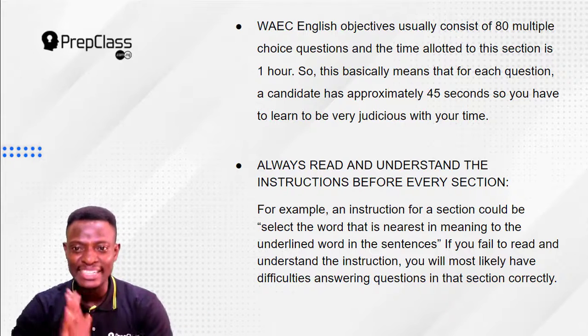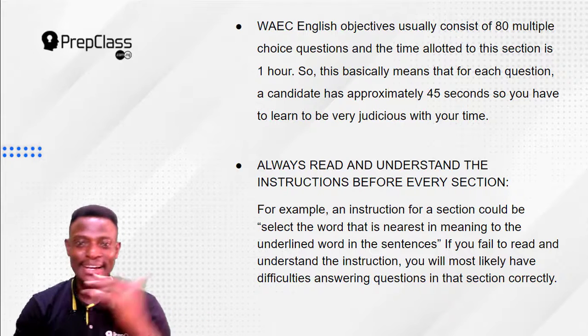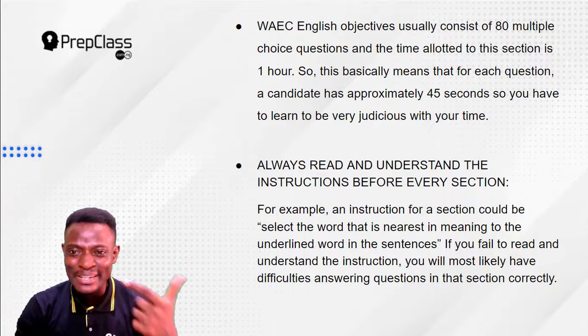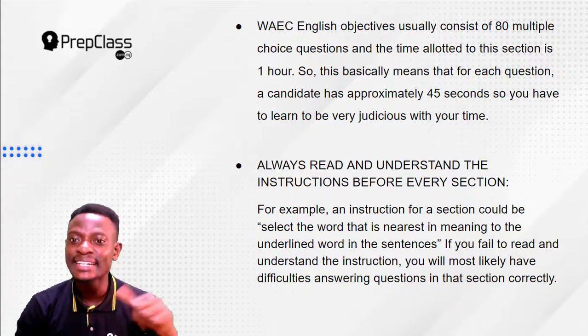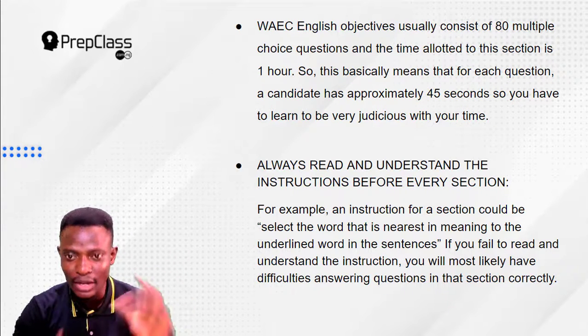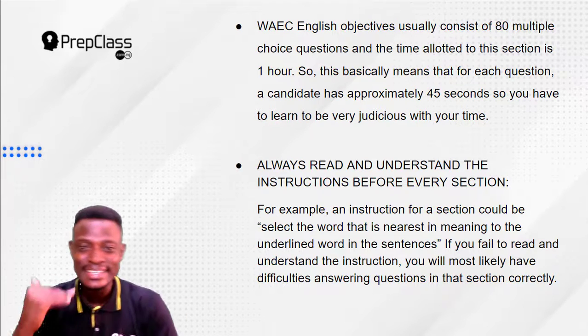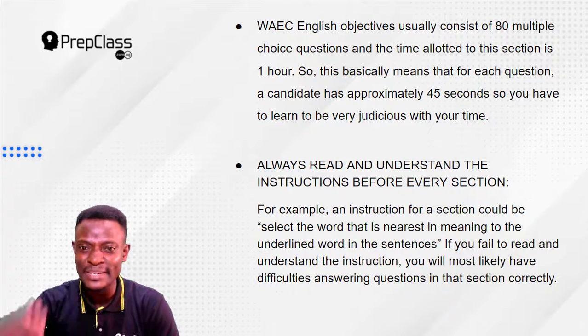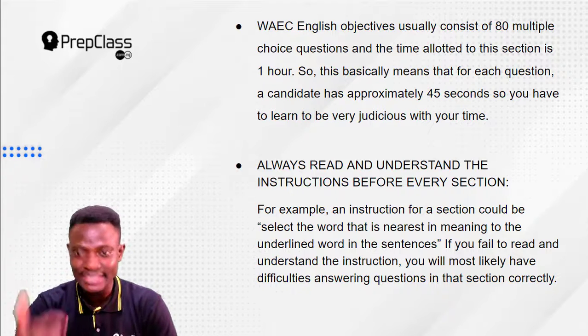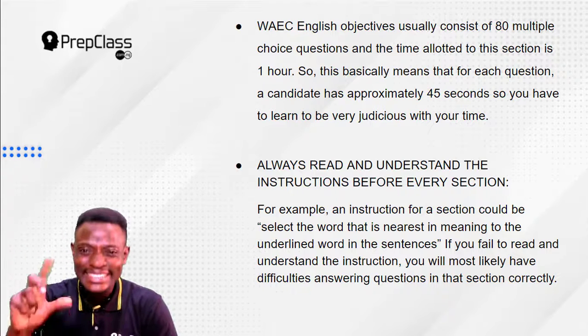For example, an instruction for a section could be: select the word that is nearest in meaning to the underlined word in the sentences. You have to understand this instruction.